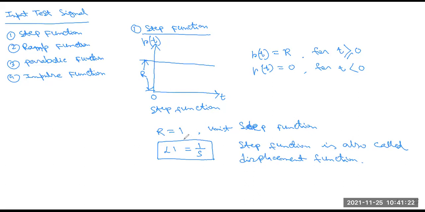The Laplace of R, where the value is 1, in our Laplace formula is 1 by s. So this 1 by s is for the step function, and this step function is also called the displacement function. Okay, is it clear, all of you? Yes, sir. Okay, so we can go next.